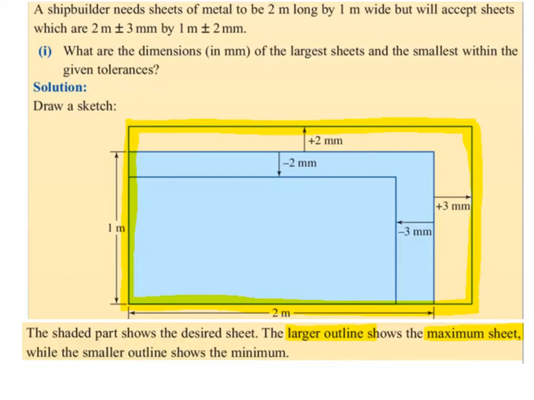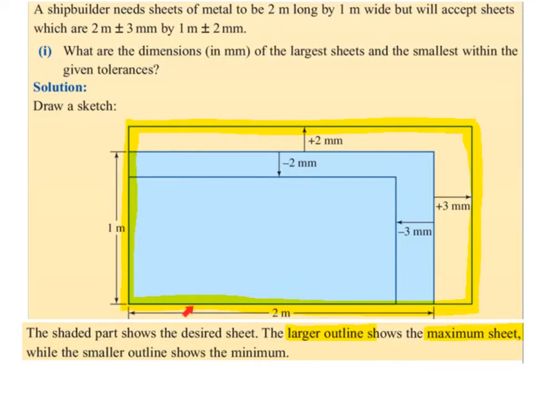So we start off with 1 meter, and we are told that we are allowed an extra 2 millimeters. So we can add on another 2 millimeters. Now this is not to scale. And then for the 2 meter length, we are told we're allowed an extra 3 millimeters. So there's our extra 3 millimeters. It's labelled there, but obviously this is 3 millimeters as well.